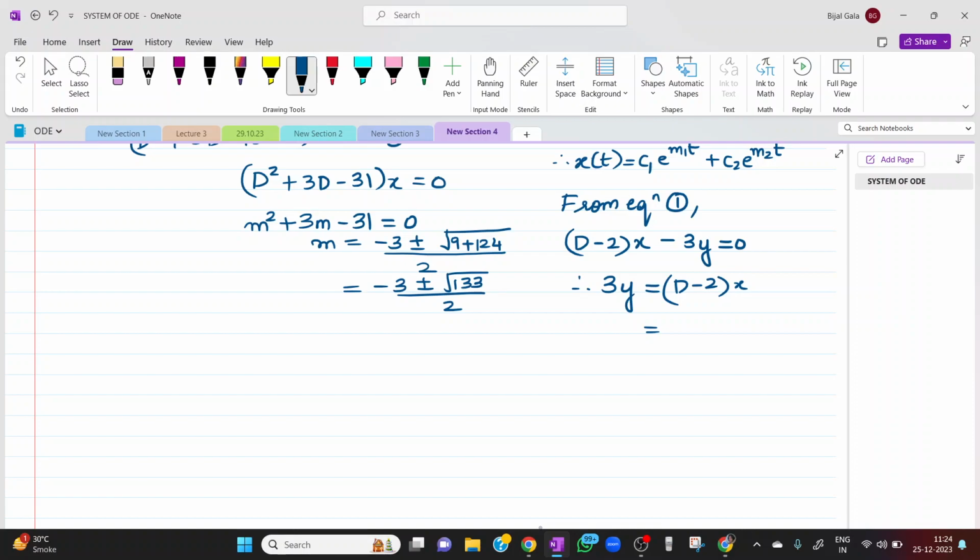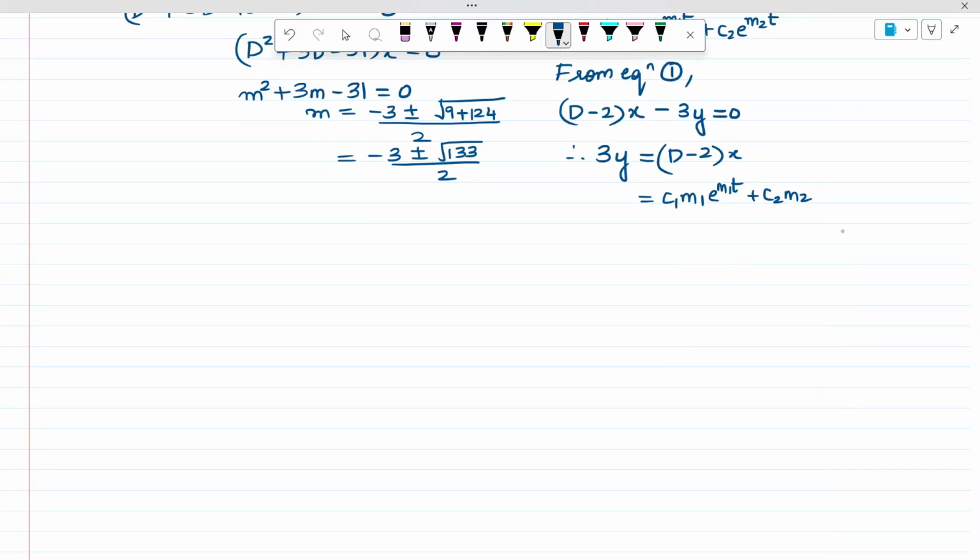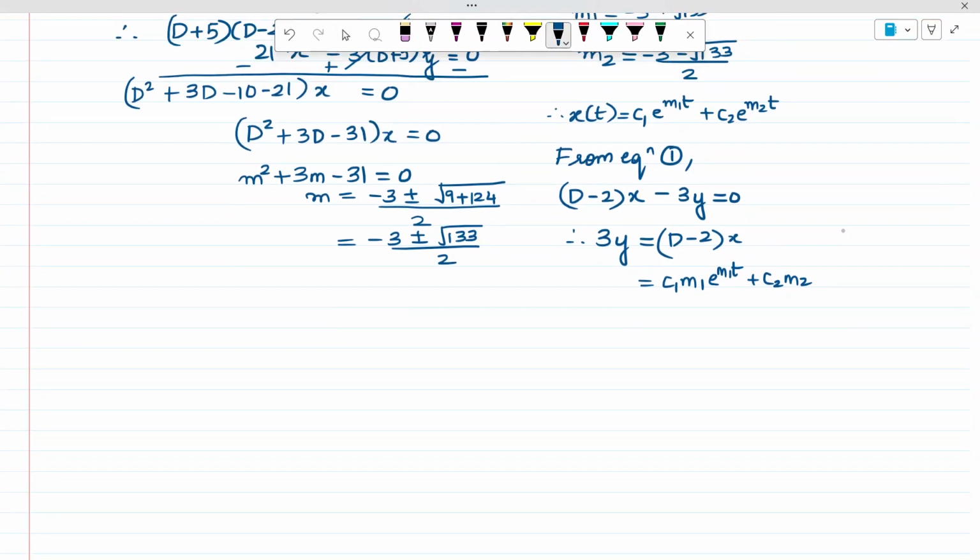So when I take the derivative, I'll have c1 m1 e raised to m1t plus c2 m2 e raised to m2t minus 2 times c1 e raised to m1t minus 2 times c2 e raised to m2t. And for taking it as y, I need to multiply this entire thing by 1 by 3.